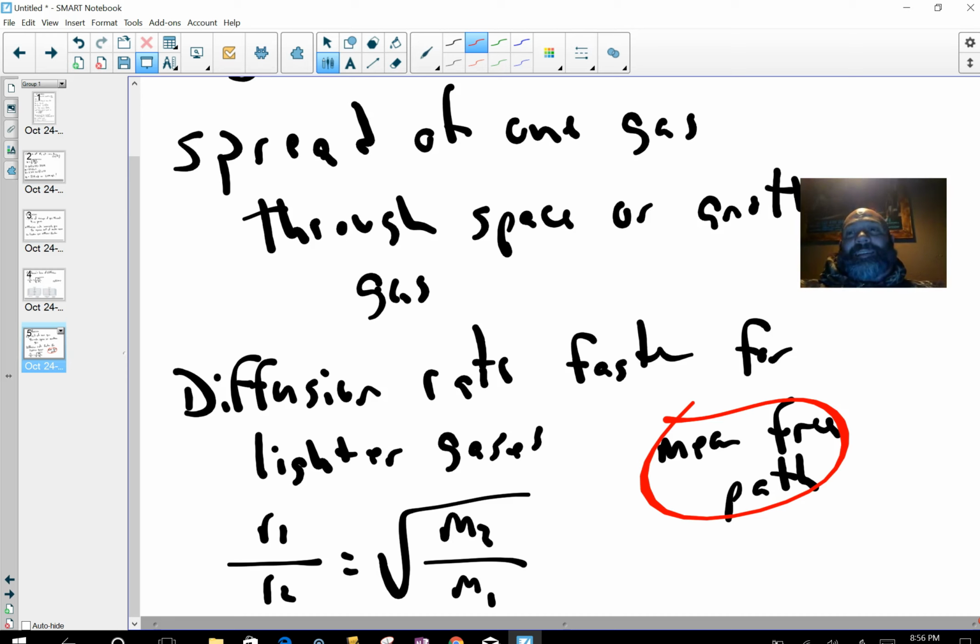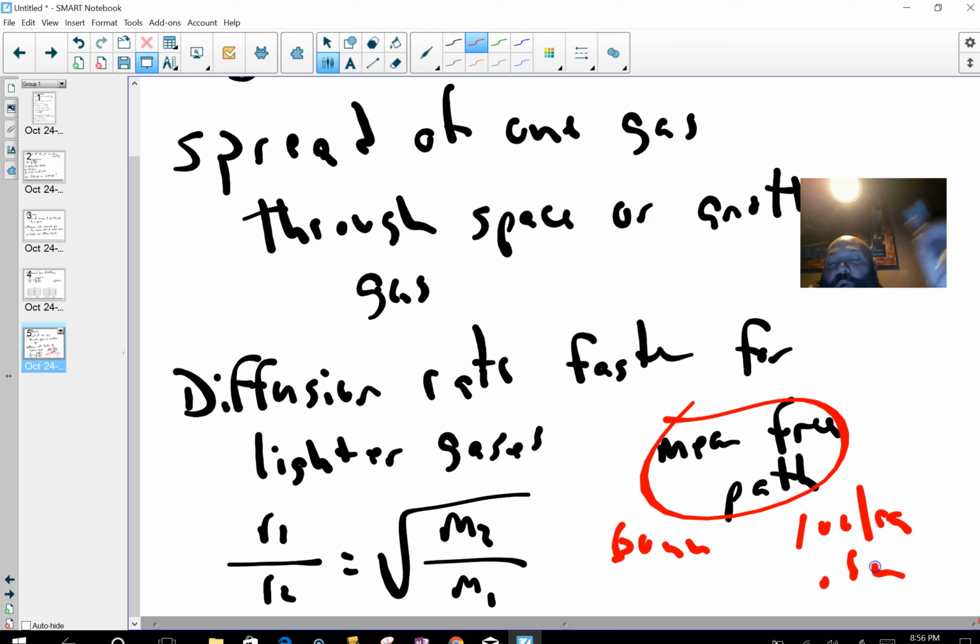Now, with gases at sea level, you're talking about somewhere on the order of 60 nanometers. That's not very far before they have a collision. So that's why we're going to see a slower diffusion rate for gases than those molecular speeds. They might be moving at 515 meters per second, but they're only moving 60 nanometers before they hit another gas. At 100 kilometers of altitude, now you've got a path of about 0.6 meters.